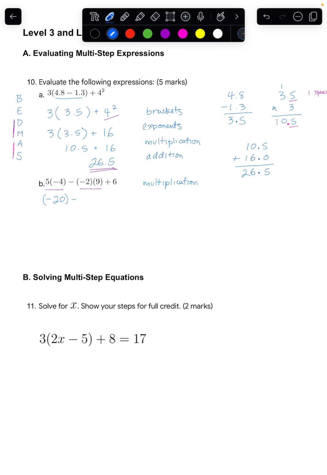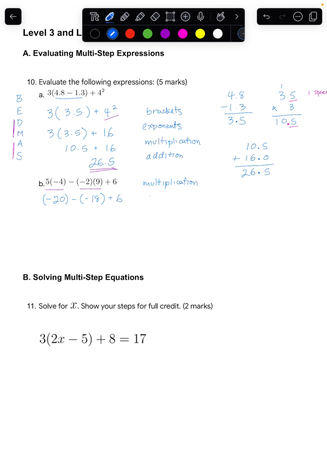Then we have minus, and then negative 2 times 9. Well, 2 times 9 is 18. We have negative 2 times positive 9, meaning there's one negative number, and our final answer is also going to be negative. So we have negative 18. And I'm just going to write the plus 6 so I don't lose track.